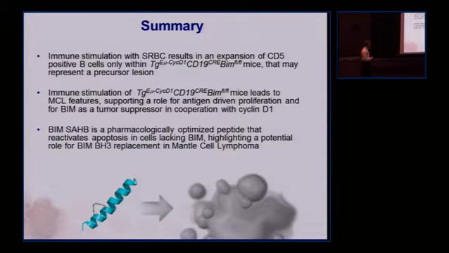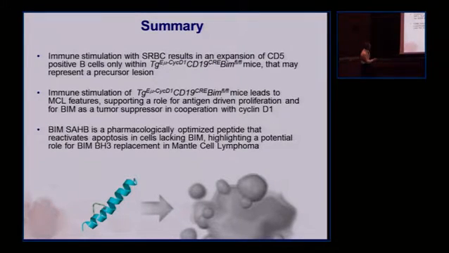So to summarize, I've shown that immune stimulation with sheep red blood cells results in expansion of the CD5 positive B cells only within the transgene BIM knockout mice, which may represent a precursor lesion, and that further immune stimulation of these mice can lead to mantle cell lymphoma features as defined by morphologic, immunohistochemical, and molecular features.